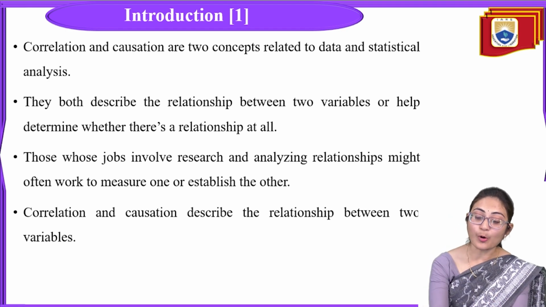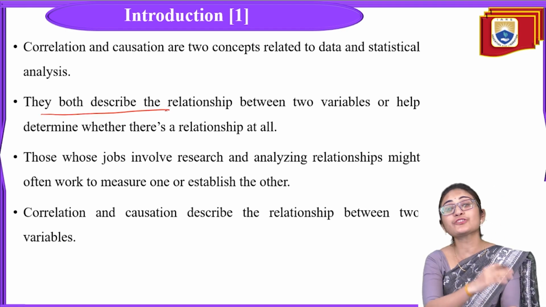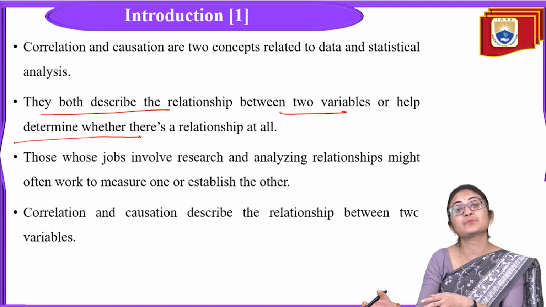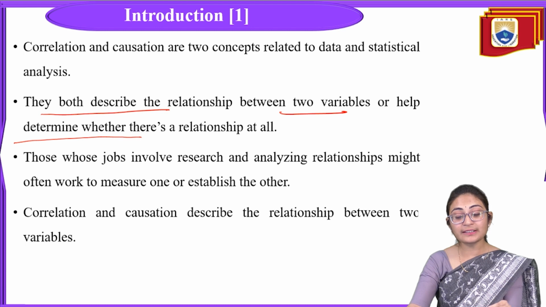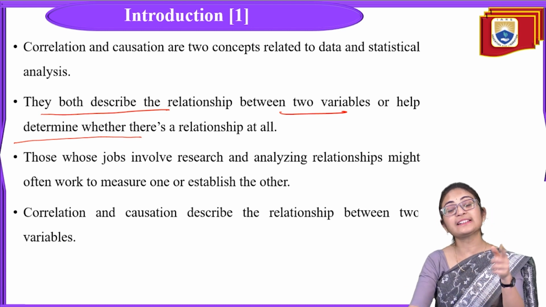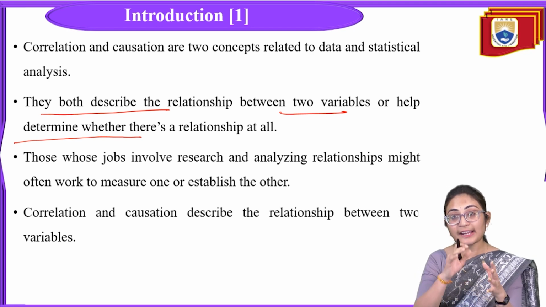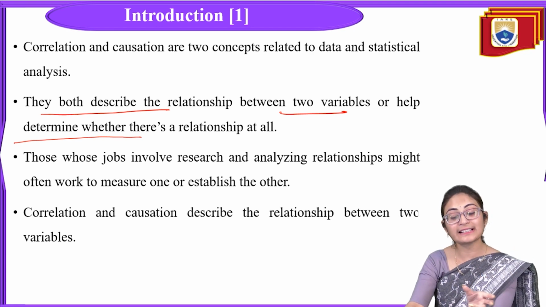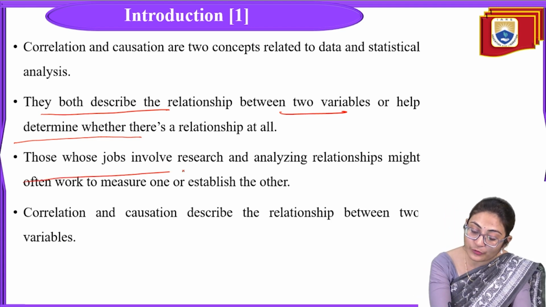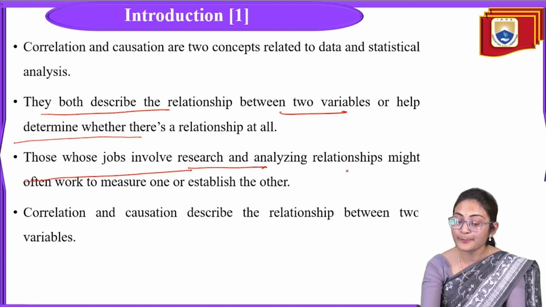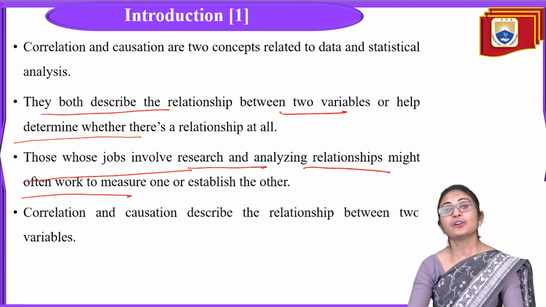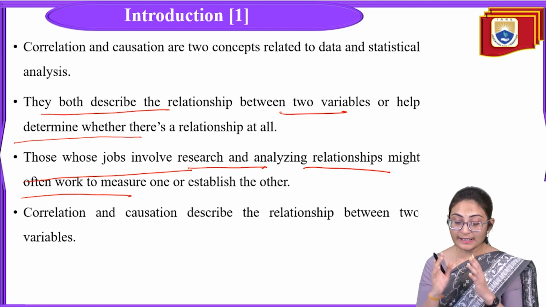Both these topics describe the relation between two variables and help determine whether there is a relationship at all. That means they will describe the relationship if there is one, and they will check whether there is any relationship between the variables or not. Those whose jobs involve research and analyzing relationships might often work to measure one or establish the other.